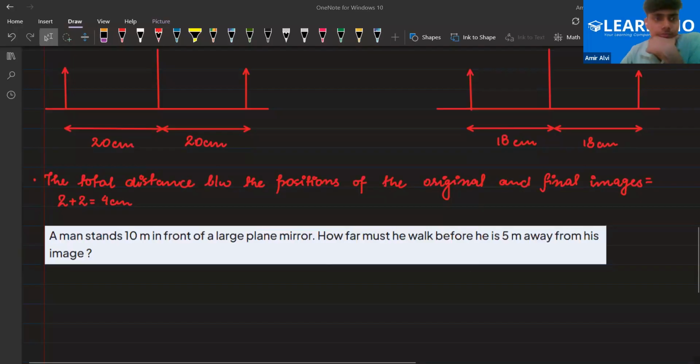Everyone, please try to solve this one. Let me know the answer in the chat, okay? Clear, all of you? Okay. Yes, sir.